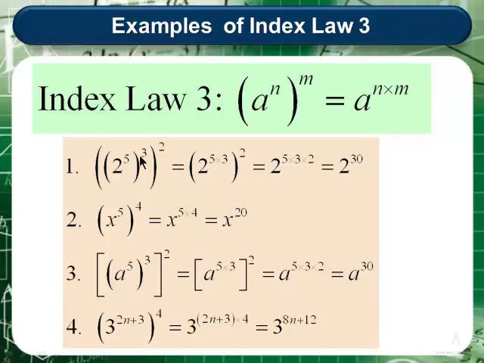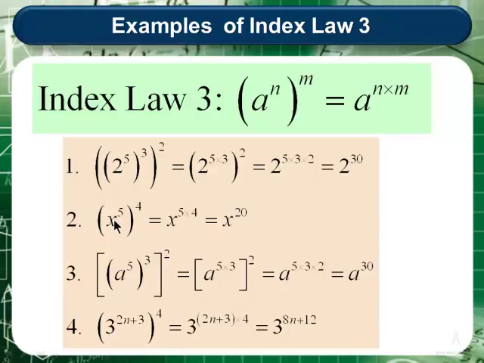So really it means we multiply 5 with 3 with 2. So you get 2 to the power 30. Similar type of action will take place in example 3, where our final answer will be a to the power 5 times 3 times 2, or 30.